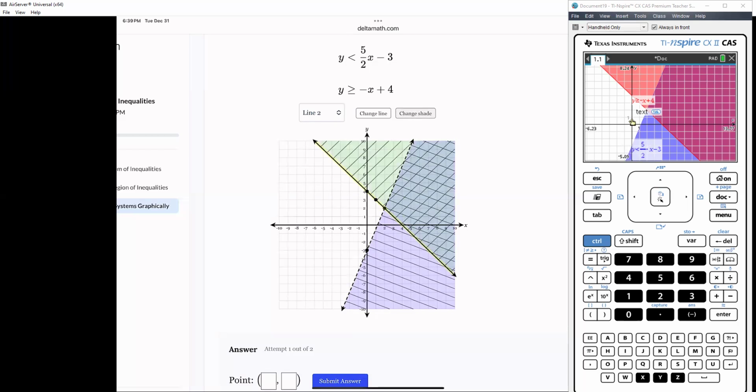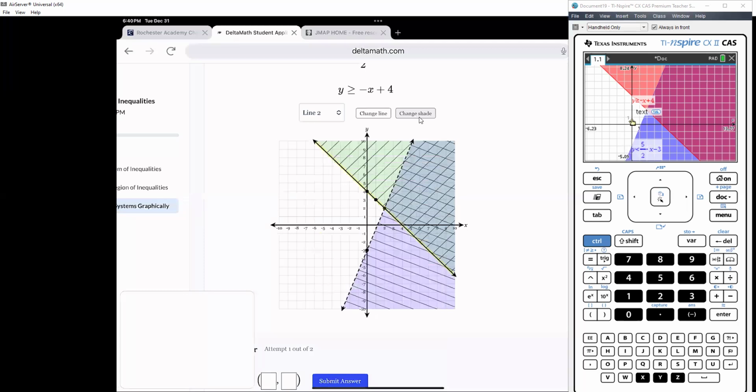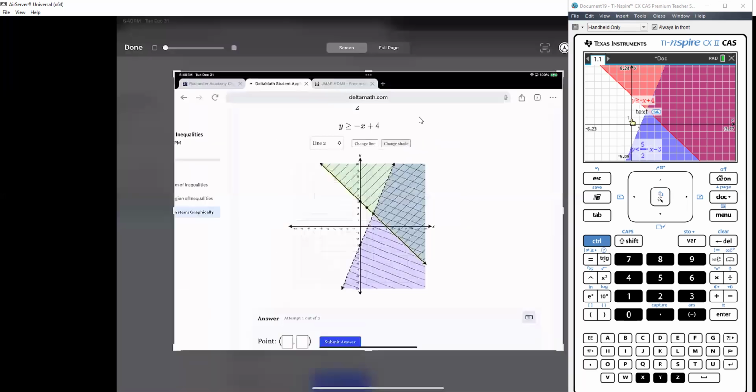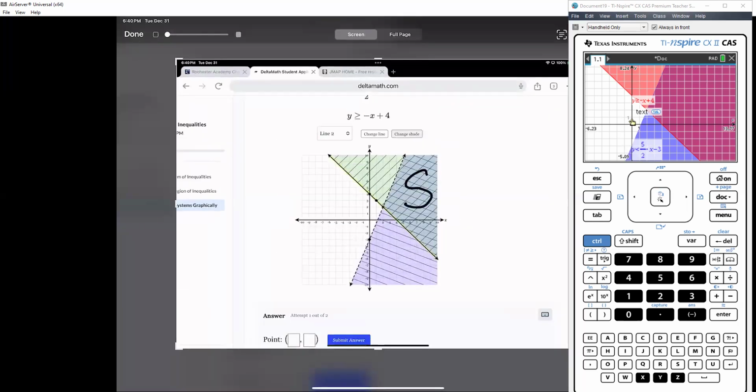Now we're done. This is what it should look like. If I were doing this on the exam, I would draw a big Superman S here so that they know that I know that this part is the solution set. Now, they want us to find a point in that solution set. I would just go on the x-axis and say 6, 0, because that point is clearly in there.